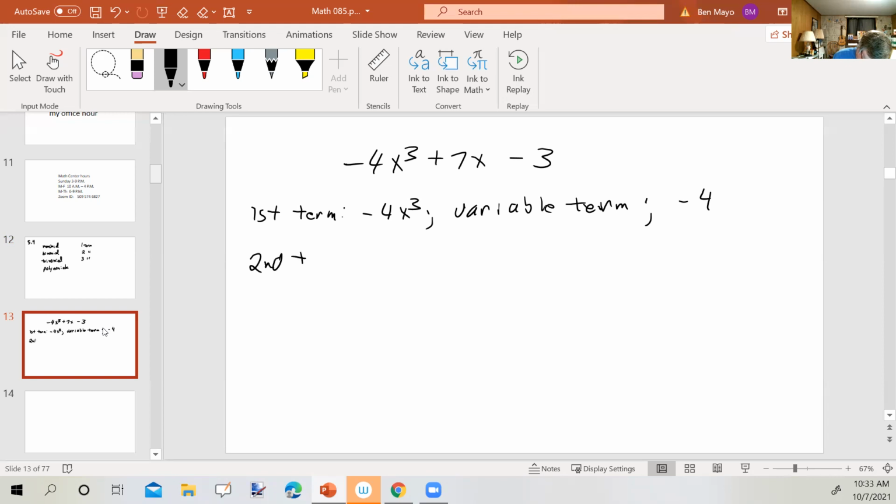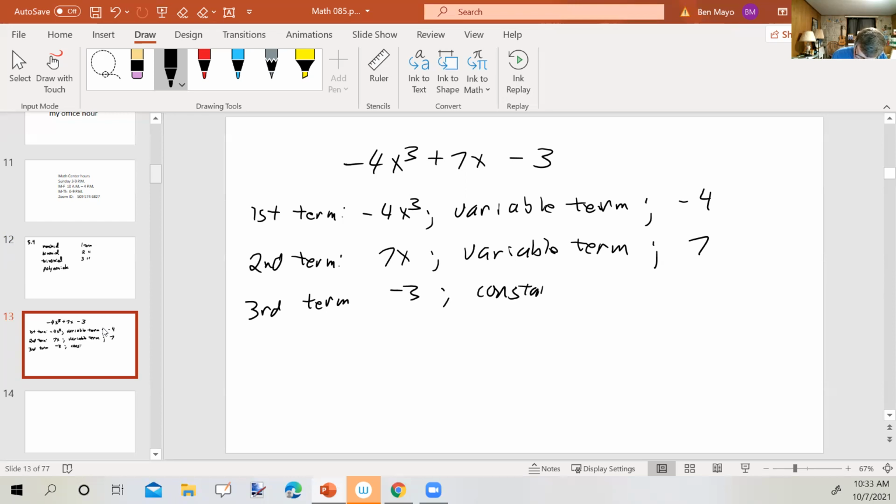The second term is 7x. It is also a variable term, and its coefficient is 7. The third term is negative 3. It is a constant, and its coefficient is negative 3. Any questions about that? Okay.